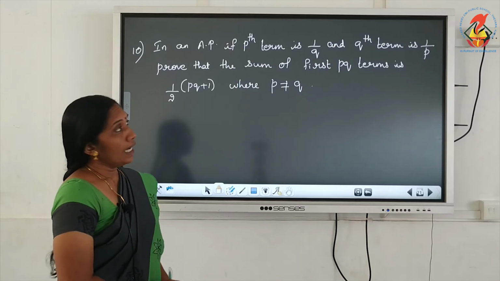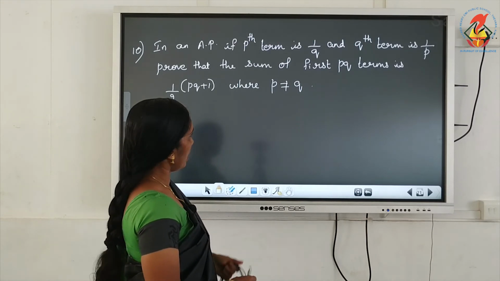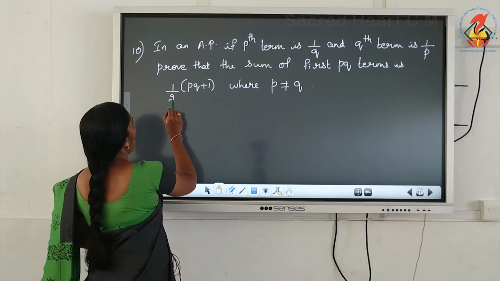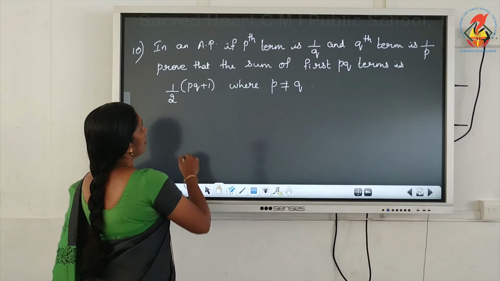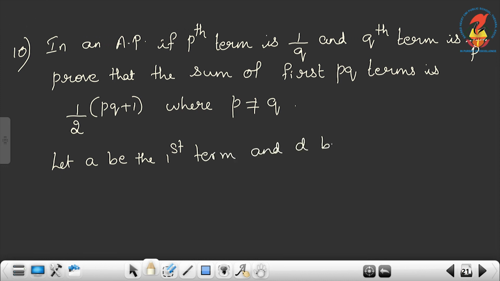The last one. In an AP, if Pth term is 1 by Q and Qth term is 1 by P, prove that sum of first PQ terms is 1 by 2 into PQ plus 1, where P and Q are not equal. So Pth term is given, that is AP means A plus P minus 1 into D. So let A be the first term and D be the common difference.